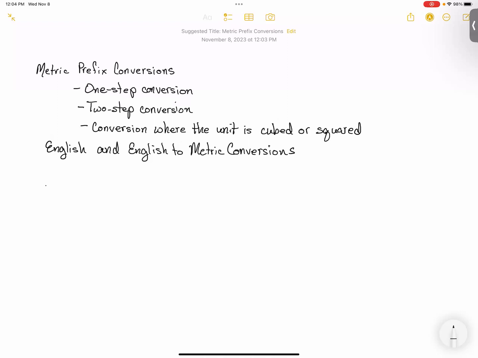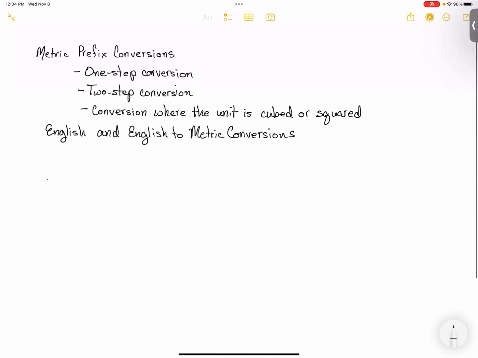So let's say I have 120 centimeters cubed, and I want that in meters cubed.